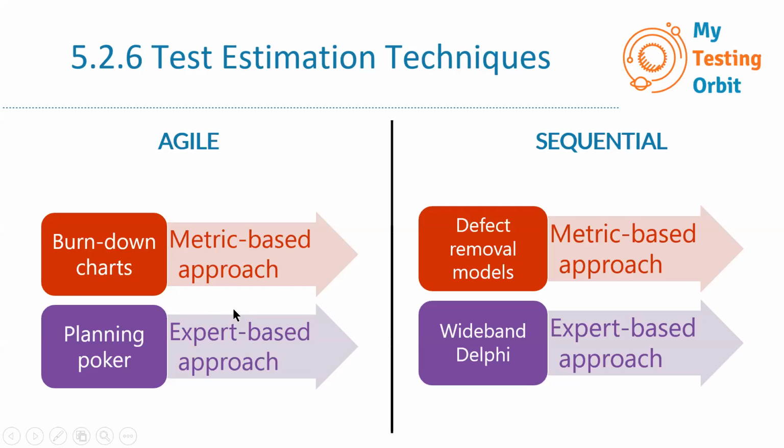In case anyone is not familiar with the term burn down chart, it is basically a graphic representation which shows the completed work per day against the planned rate of completion for the current sprint or for the current release, etc.